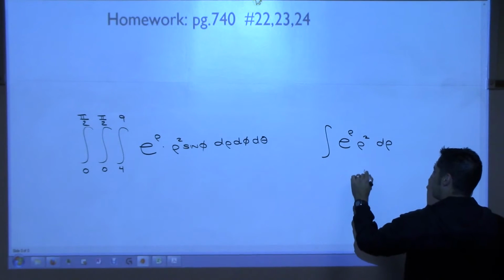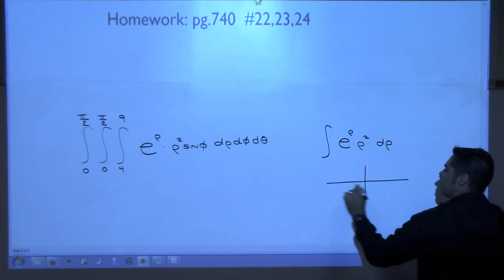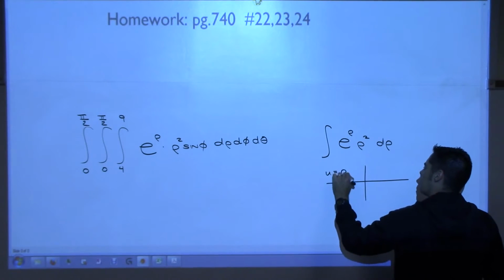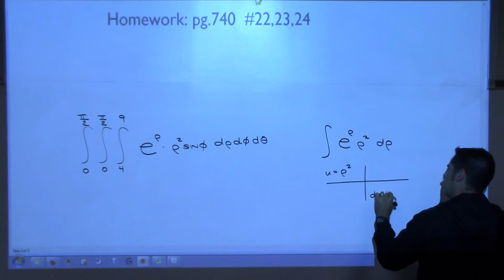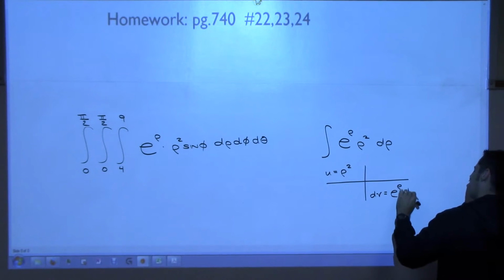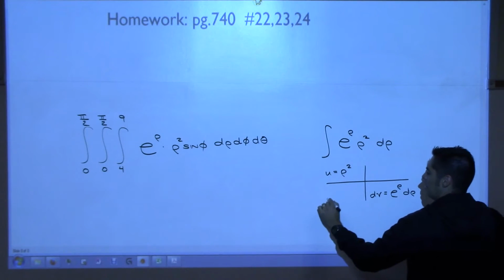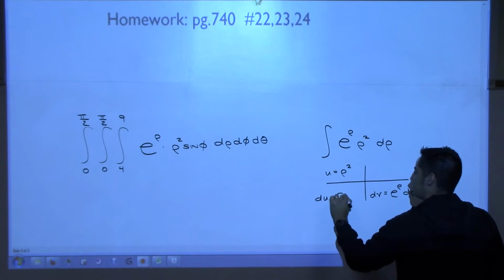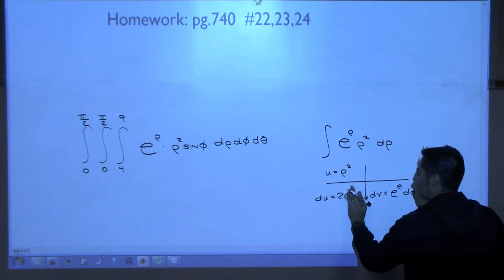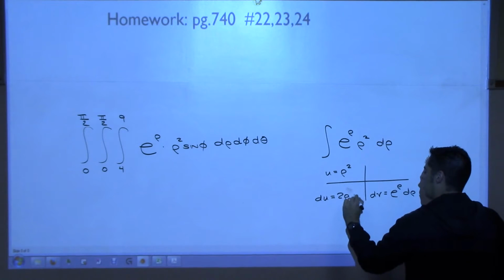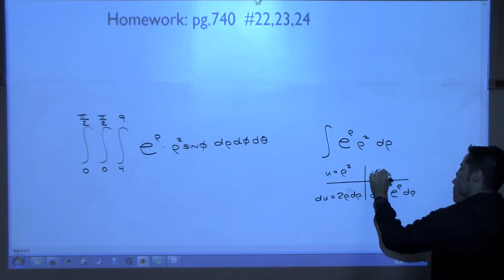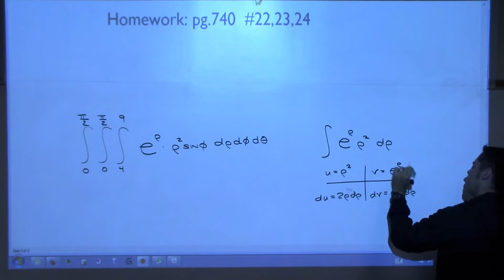What I would do is set up integration by parts. I let u be equal to rho squared, and I'll let dv be equal to e to the rho d rho. Then du is 2 rho d rho, and v would be equal to e to the rho.